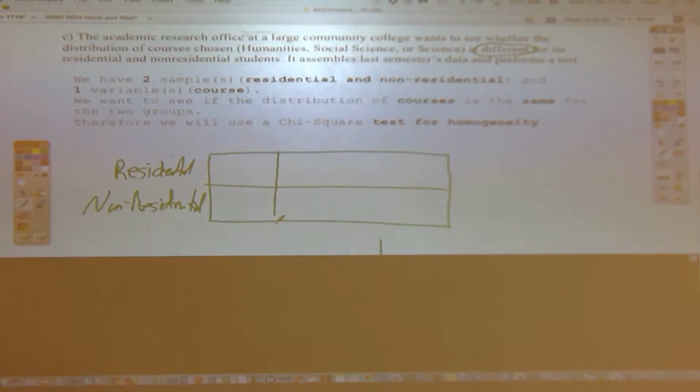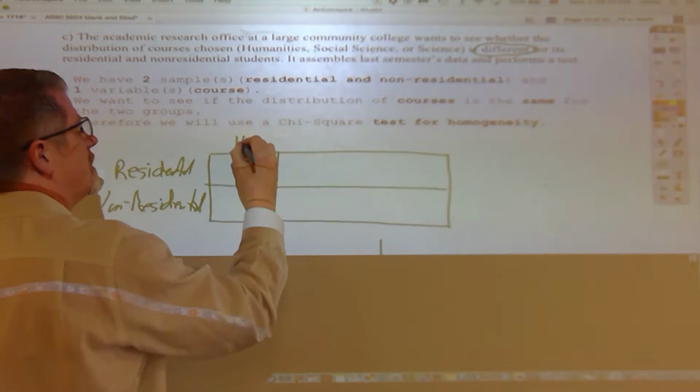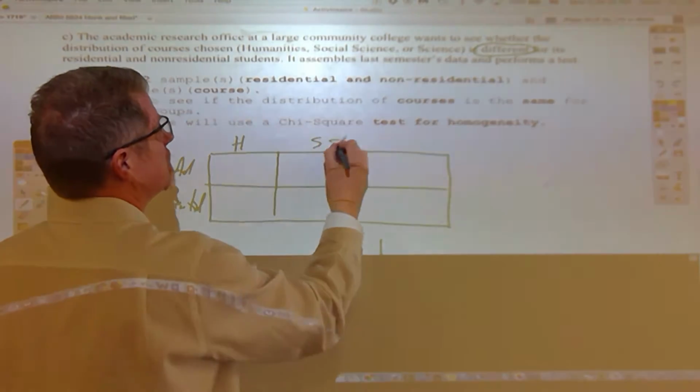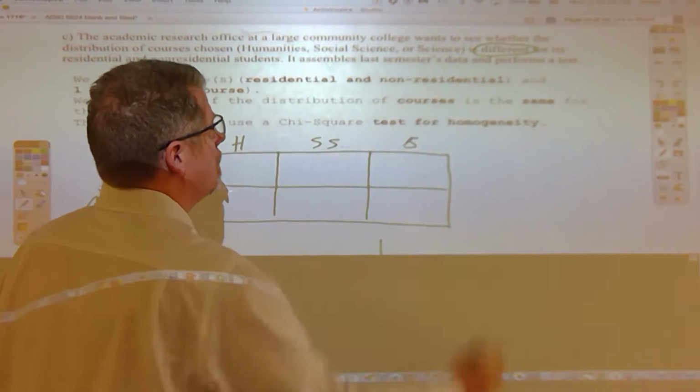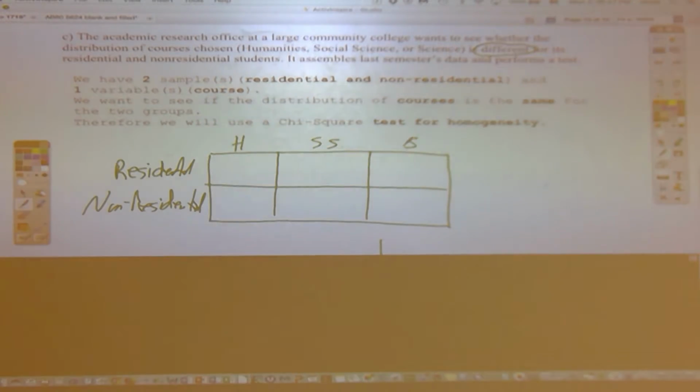And it looks like the students can sign up for courses in the humanities, the social sciences, or a science course. So there's three types of courses they can sign up for.